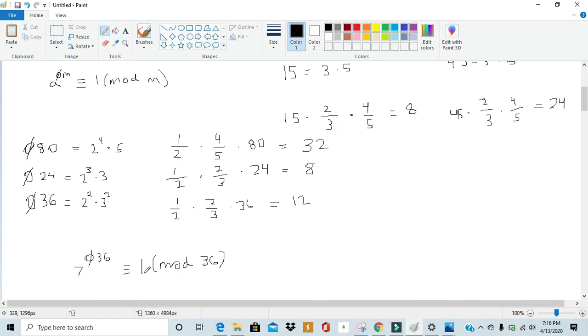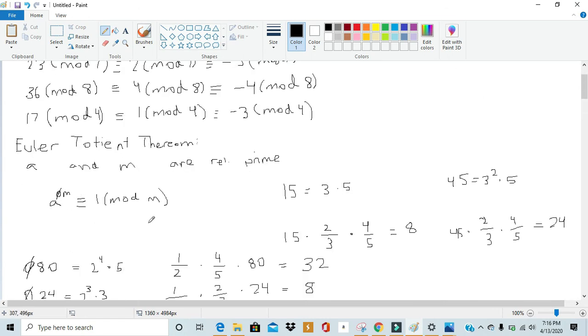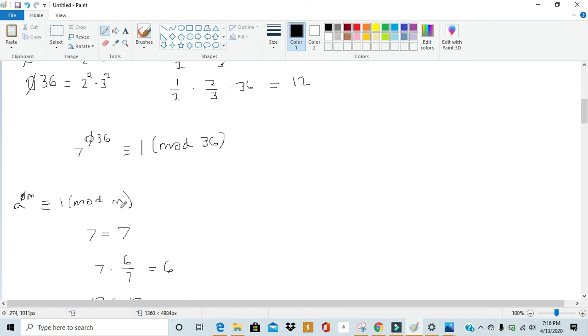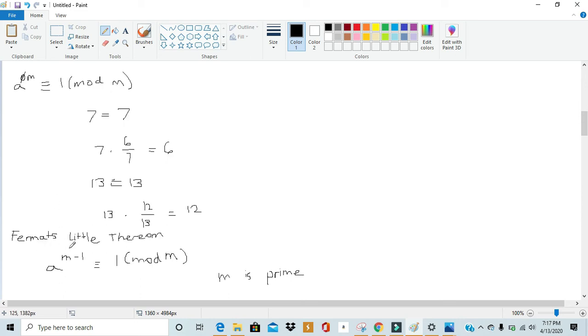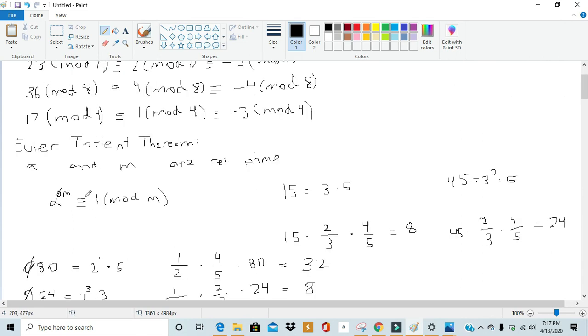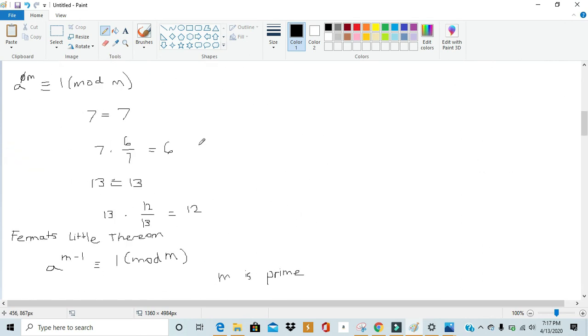Using Euler's Totient theorem I've discussed here, where m and a are relatively prime and a to the power of the totient of m is congruent to 1 mod m, we do the same kind of thing here. The only reason it works is because the totient of m is always just m minus 1. So this was Euler's Totient theorem, a broader case, and then here's Fermat's little theorem.